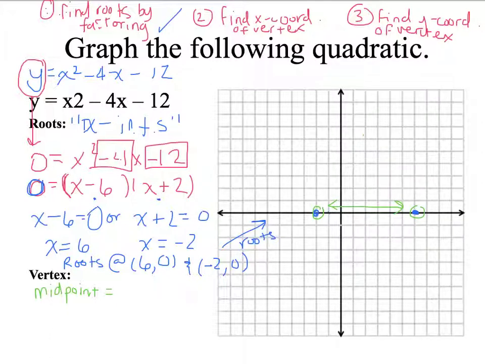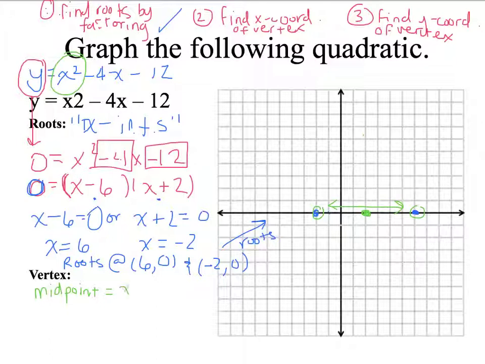On these, we're not going to worry about the y coordinate because we just want to know where the x coordinate is. Why? Well, if it had the exact same y coordinate as these guys, and it was perfectly in the middle of these two, is that a parabola? Oh, that's a line. So that's why we're not worried about the y coordinate with our midpoint formula, because that wouldn't make sense for a quadratic.